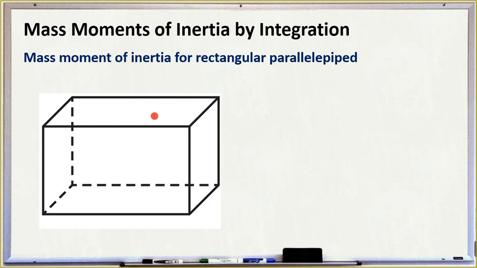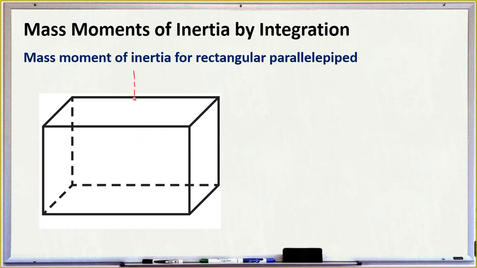Next, for the rectangular parallelepiped. So for this one, again, the mass moment of inertia for a rectangular parallelepiped depends upon the axis of inertia, because this solid has three orthogonal axes.